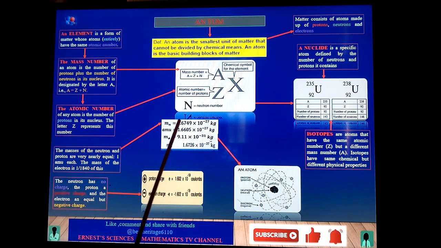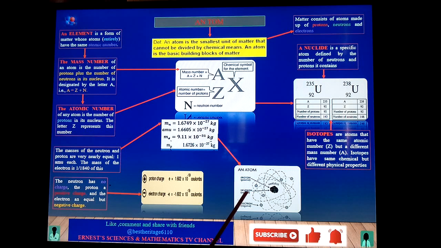If we compare the mass of an electron, a proton and a neutron, the proton and the neutron each have a mass of one atomic mass unit, whereas an electron has a mass of about 1 over 1840 of one atomic mass unit. That gives an electron a relatively smaller weight compared to the neutrons and the protons respectively.